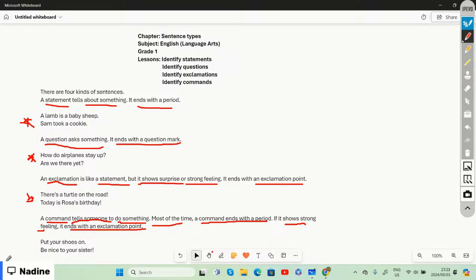And if we look at a few examples, it says, put your shoes on. You see, someone is telling you to do something. They're telling you to put your shoes on.